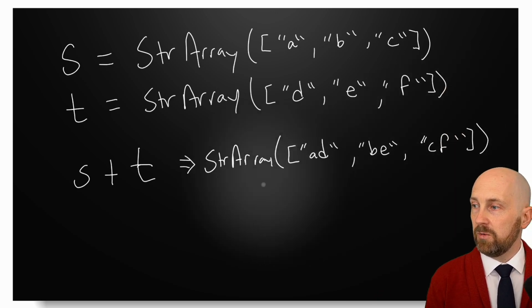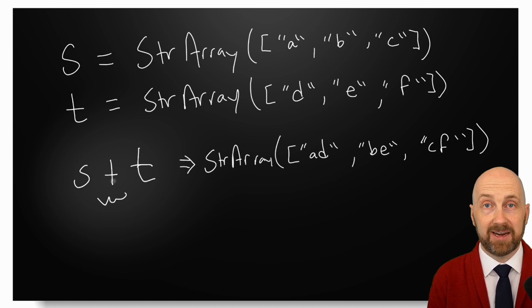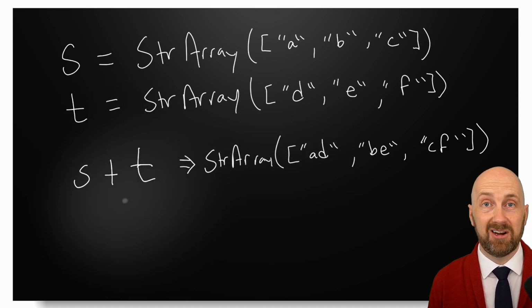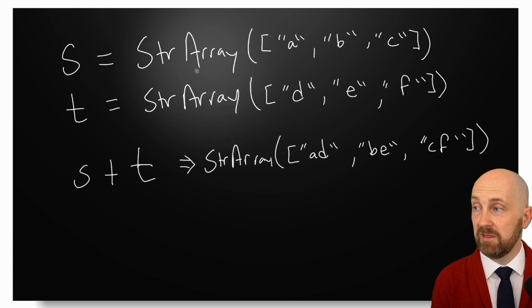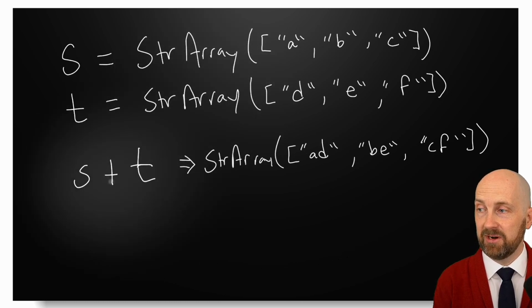So you can imagine this operation that we're applying here as a vectorized operation. Notice we're not writing our own loop to carry out this operation. We're depending upon an operator overload that the StrArray class has defined for the addition operator, or in this case, the concatenation operator.